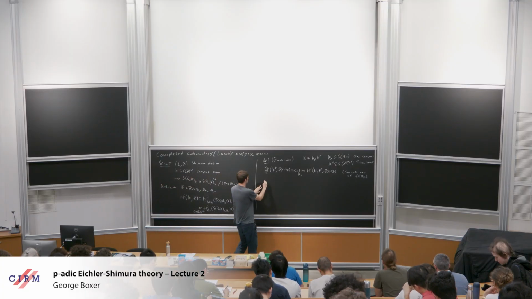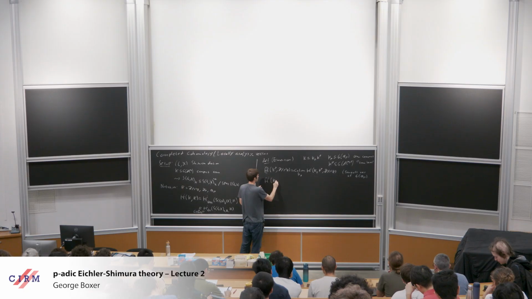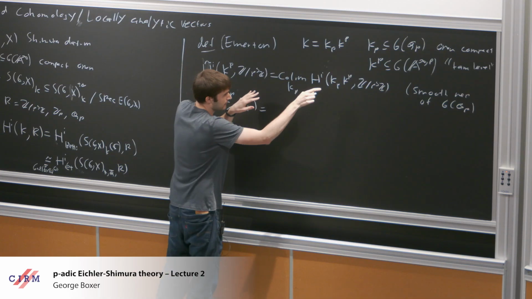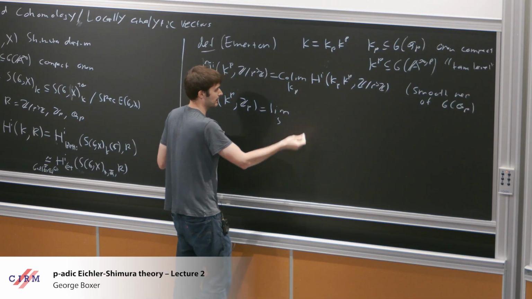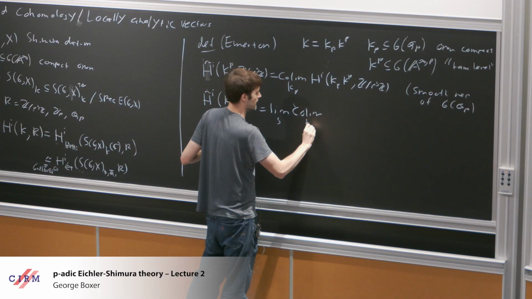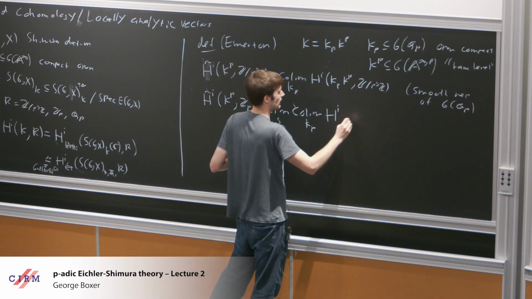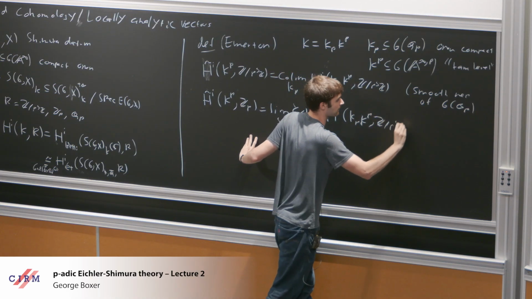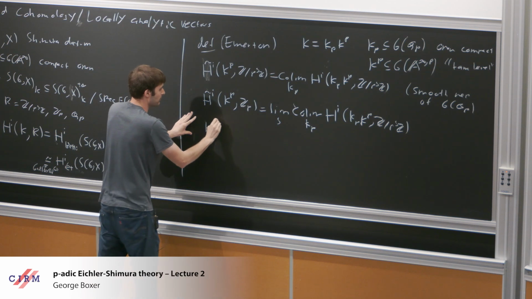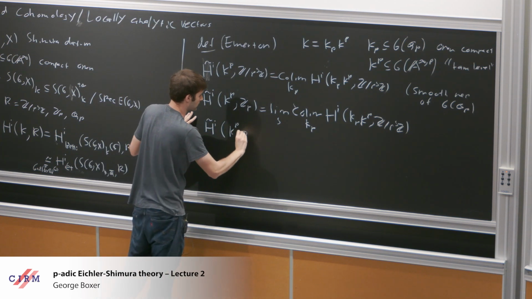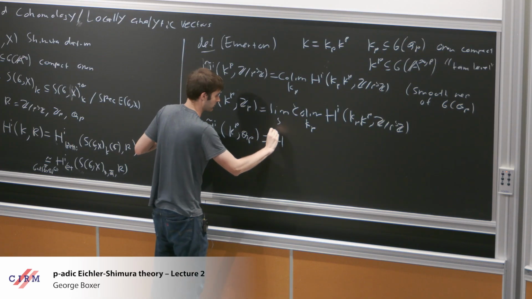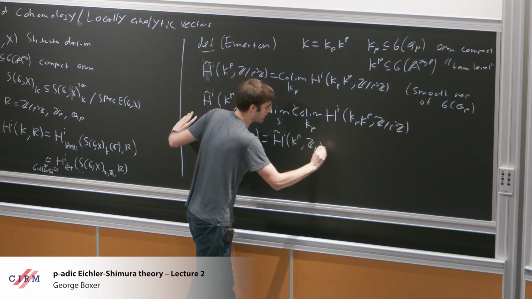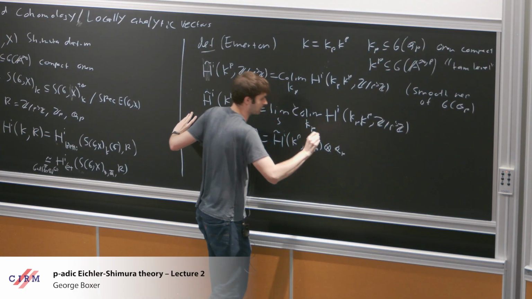Okay, and then we make a similar definition with Z_p coefficients, where the key point is that we take the limit over s of these things. And I'll even write it again. So it's the limit over s of the colimit over K_p of H^i(K_pK^p, Z/p^s). And finally, we can define completed cohomology with rational coefficients by just taking the integral one and tensoring with Q_p, inverting p.